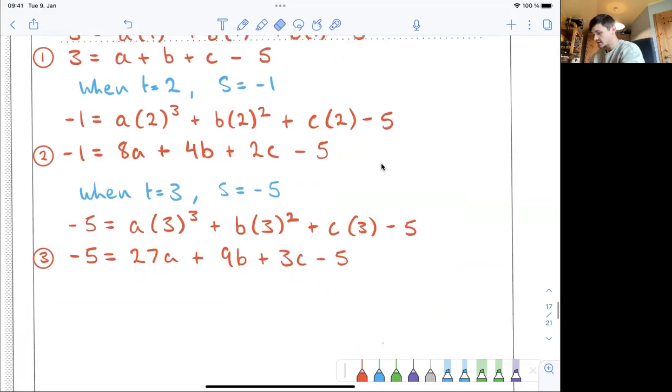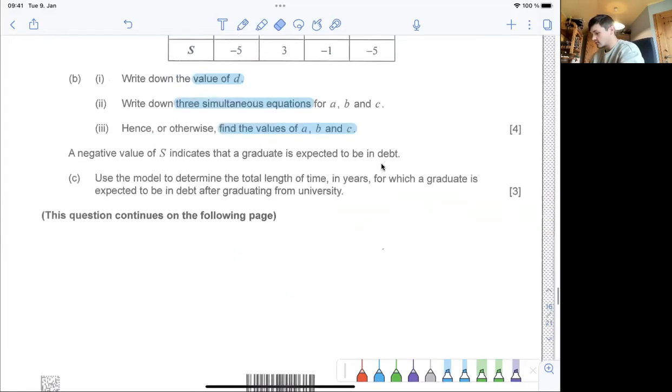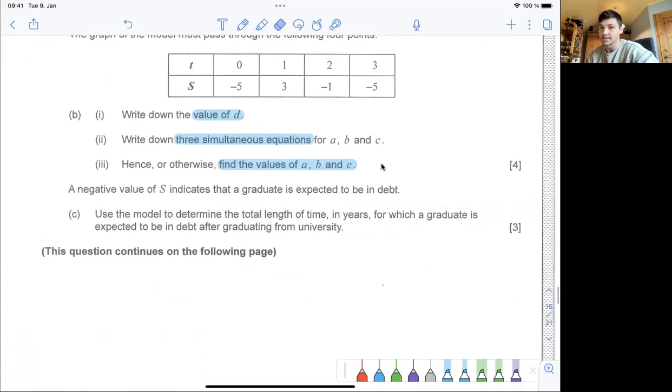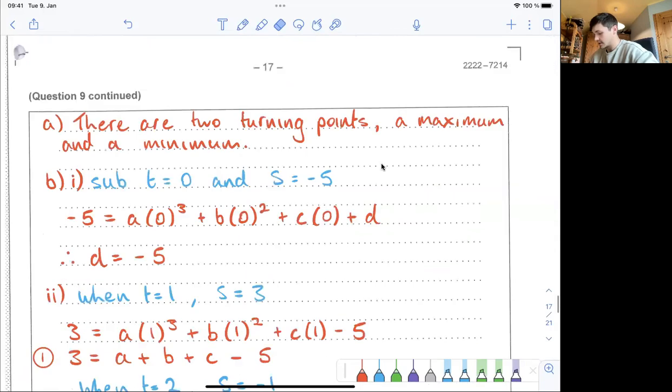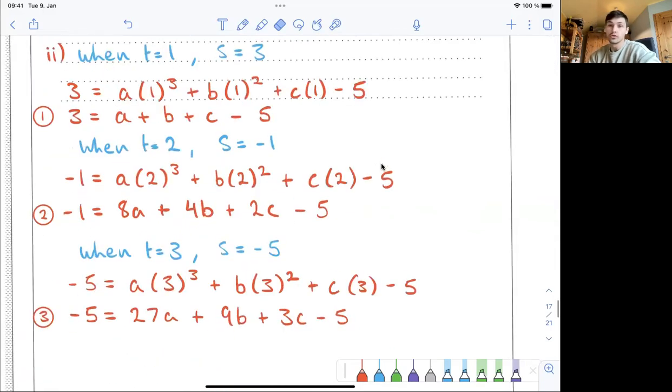Let's move on to part 3. And so we are asked to hence or otherwise find the values of A, B, and C. Now, the best way to do this is to use your GDC, your graphics display calculator, to solve these simultaneous equations.